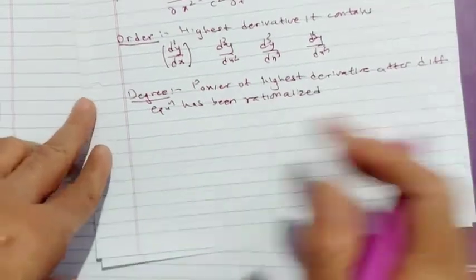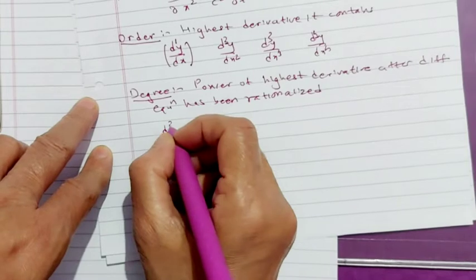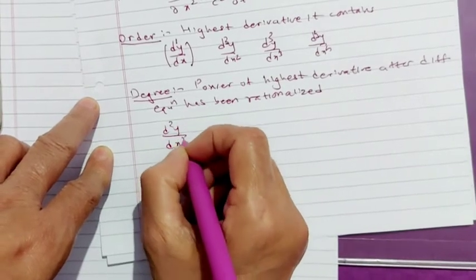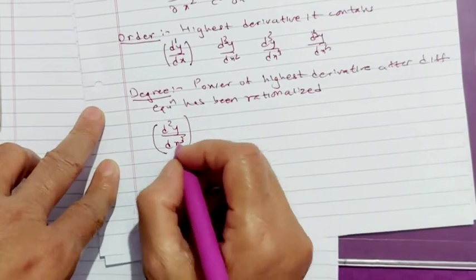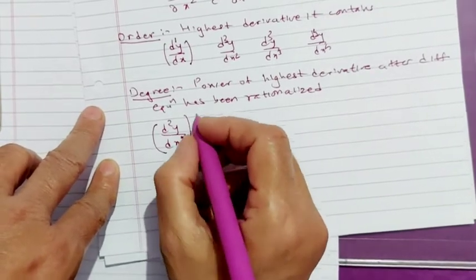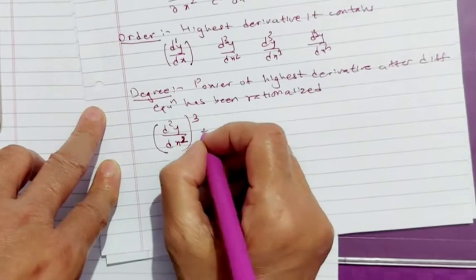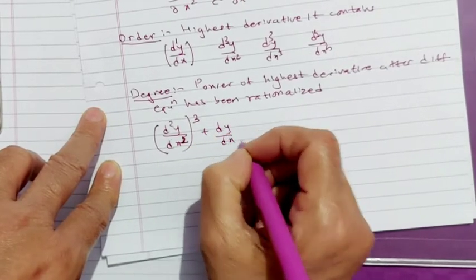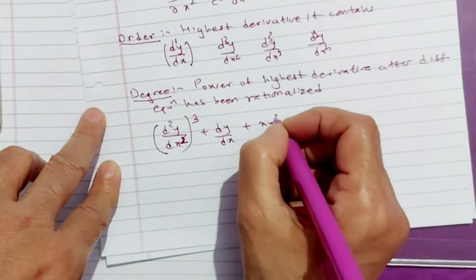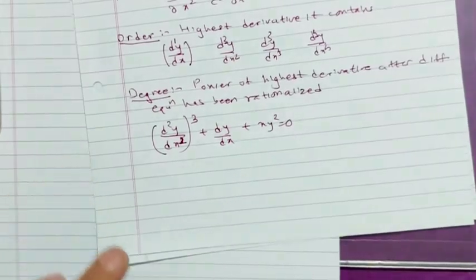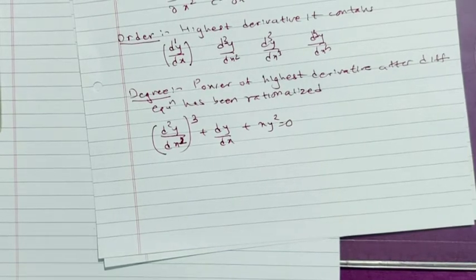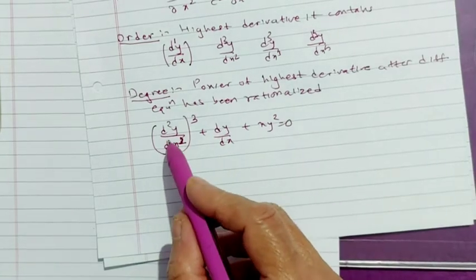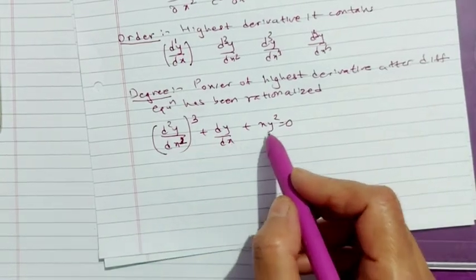My first example is (d square y by dx square) whole raised to cube, plus dy by dx plus x y square is equal to 0. This is the example given to you. The question is to find out the order and degree of the differential equation, correct? So this is d2y by dx square, this is dy by dx, and this is y.